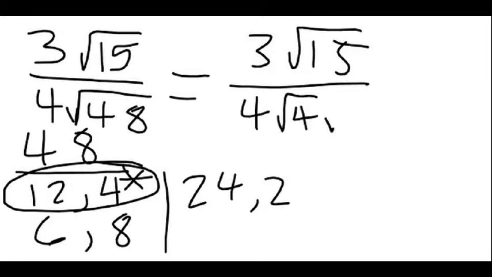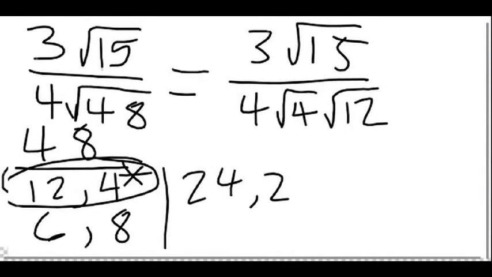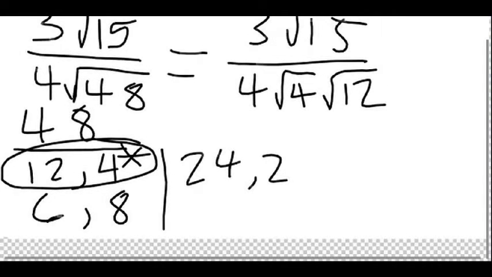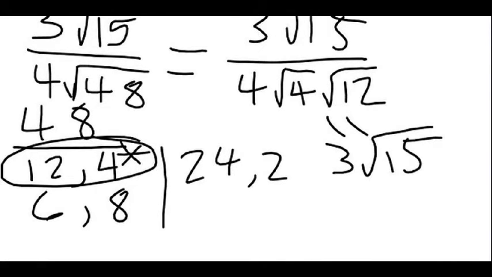So when we split this up, splitting up our radical, 3 radical 15 and 4 times radical 4 times radical 12.